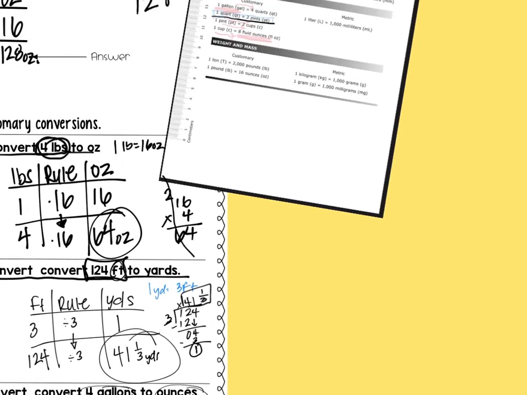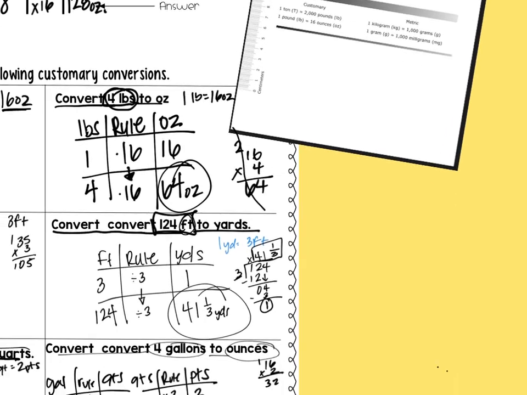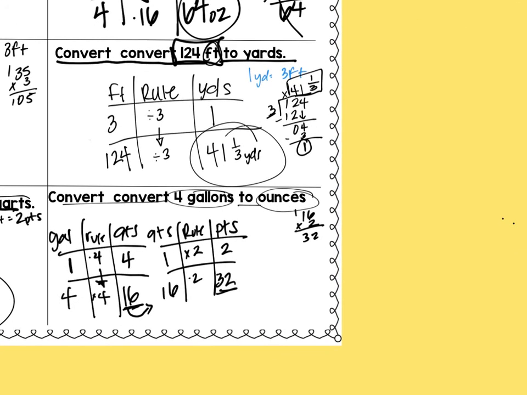And I'm going to go back to my star chart and see that 1 pint equals 2 cups. So now I can go from pints to cups. And 1 pint equals 2 cups.